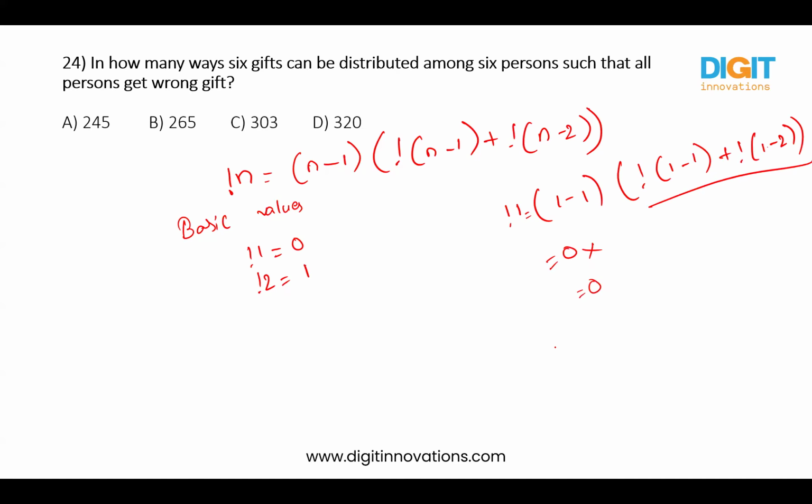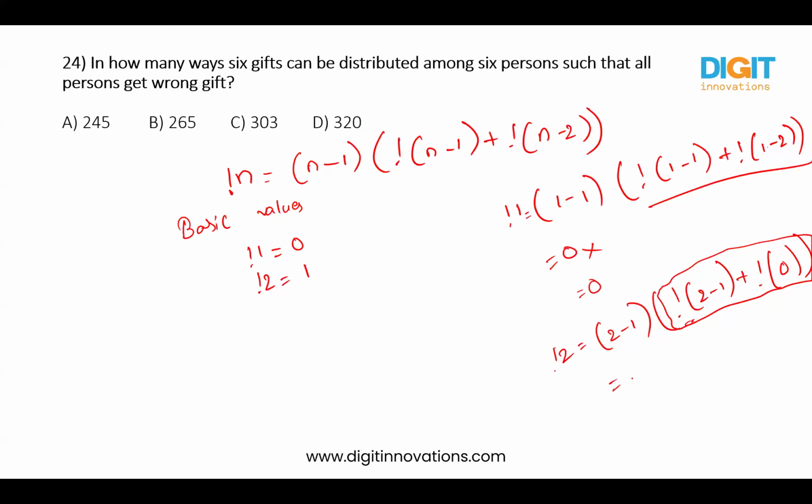That is for 1. When it comes to 2, it is 2 minus 1 plus, here it would be 0, and totally you will get 0 for this value, and here it would be 1. So this is the one.